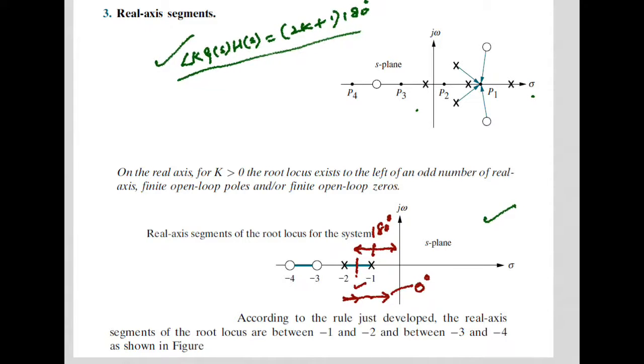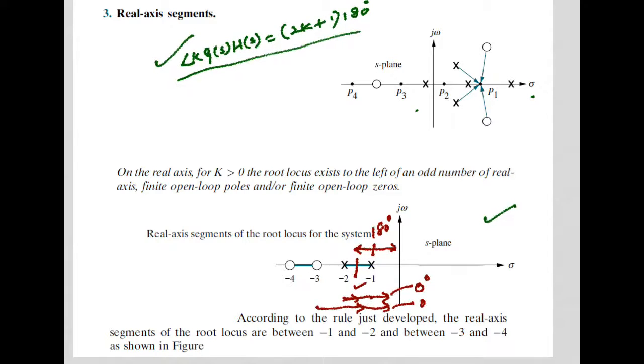This is the angular contribution from a pole to any point where we want to observe. Now, the third one is -3. So -3 is also to the left, so it is 0 in this case.